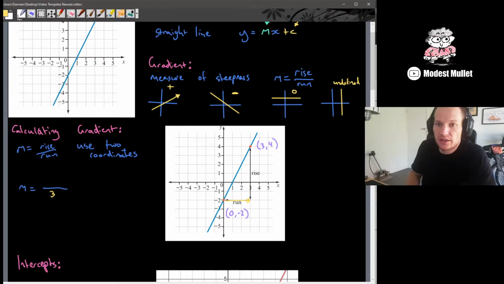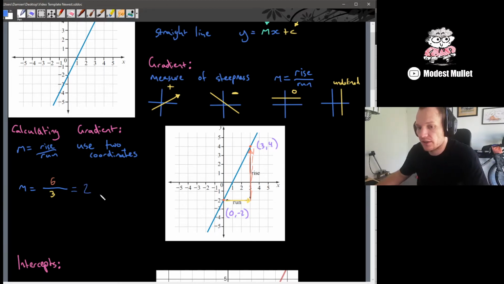Going across 3, and then for my rise, I can count how far I go up. I go up 1, 2, 3, 4, 5, 6 blocks. So my gradient in this case is equal to 6 on 3, 6 divided by 3, which if we simplify just gives us a gradient of 2.